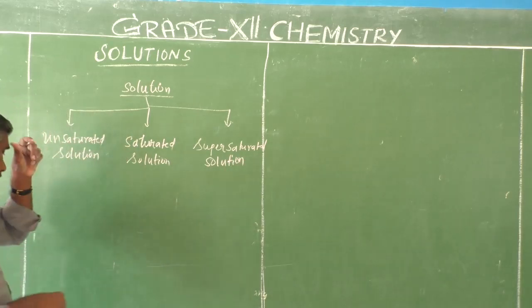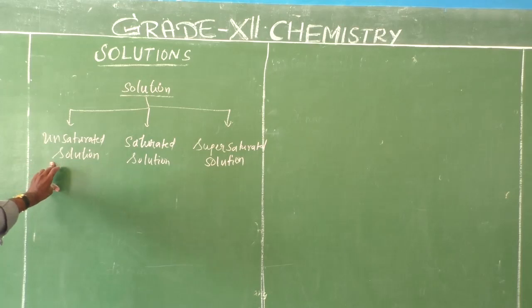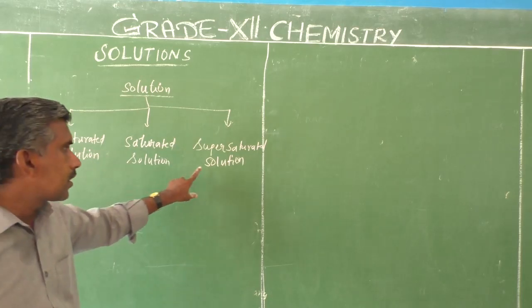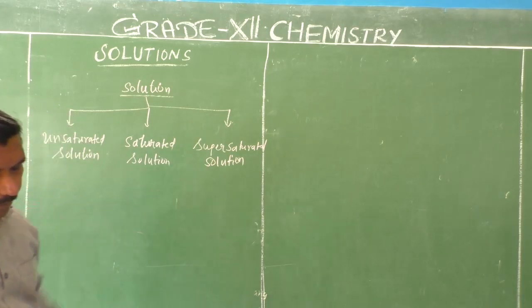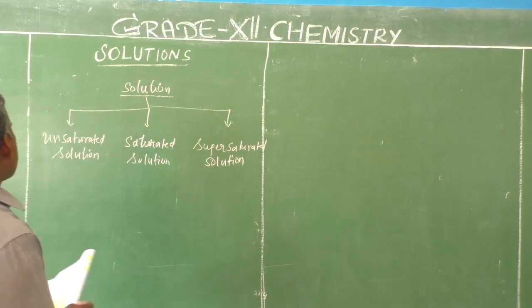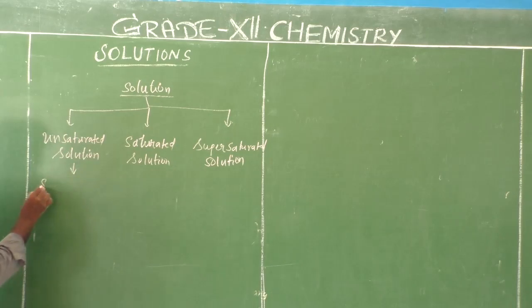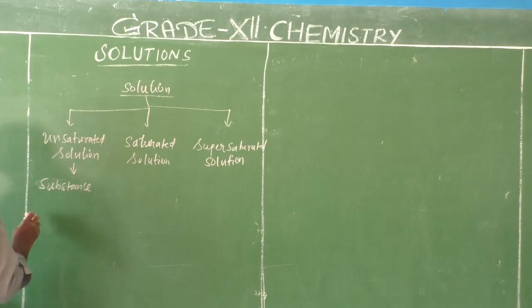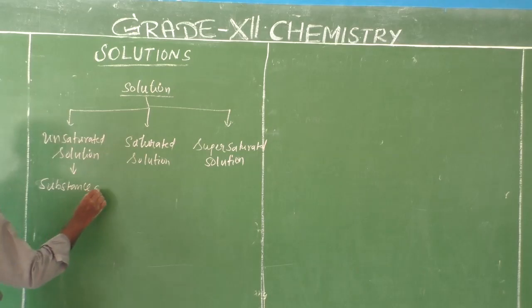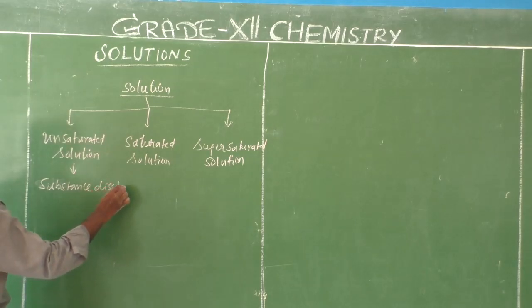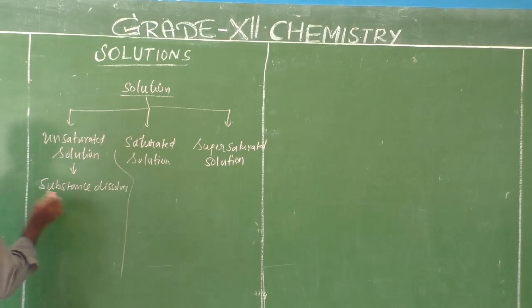Depending on the solute, a solution can be classified as unsaturated solution, saturated solution, or supersaturated solution. First, unsaturated: the substance, that is the solute, dissolves. That is known as unsaturated.